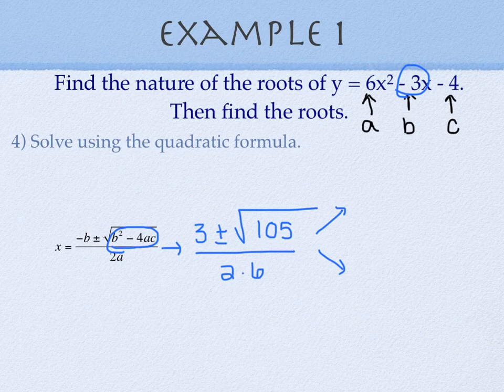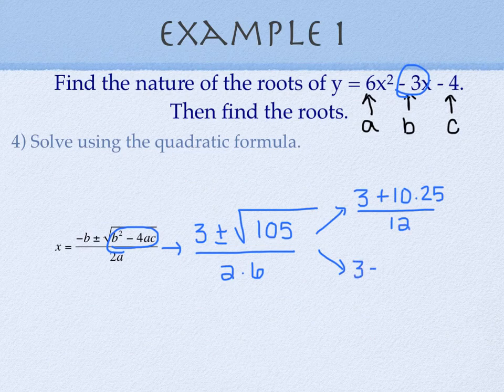So square root of 105 is 10.25. So I'm going to have 3 plus 10.25. And that will be over 2 times 6, which is 12.